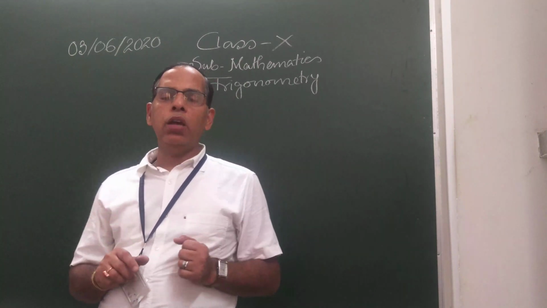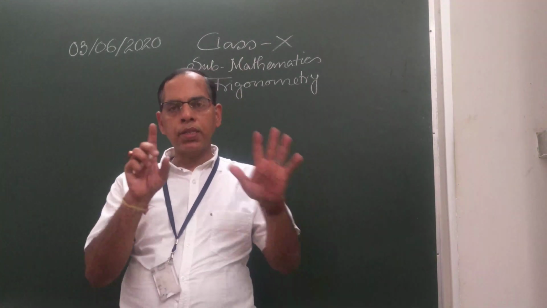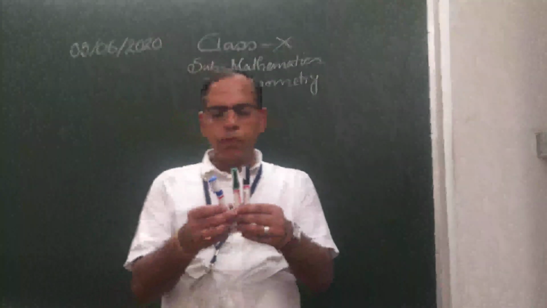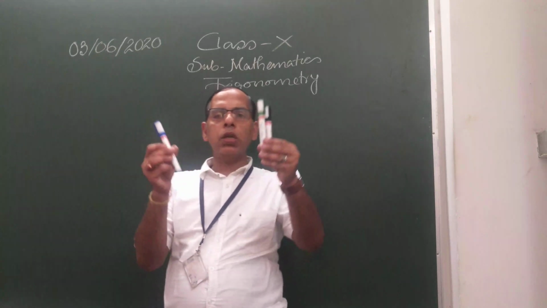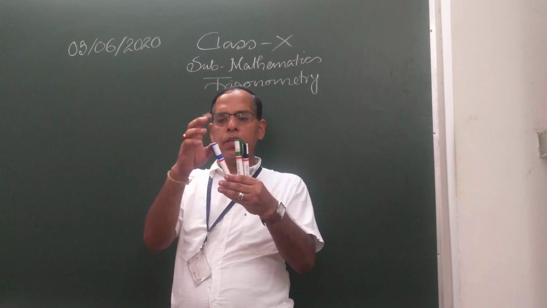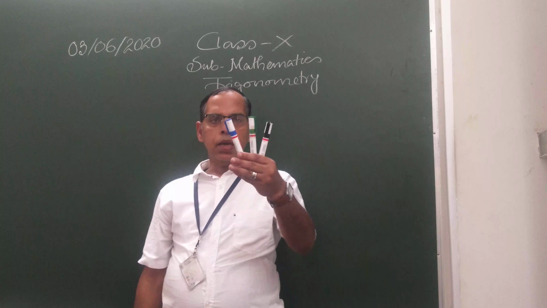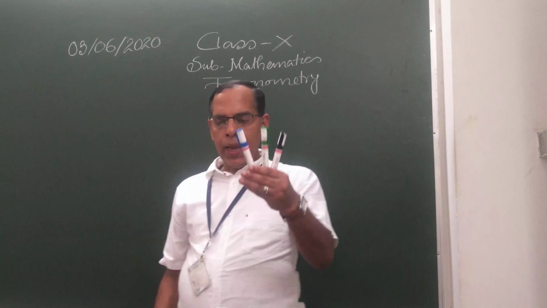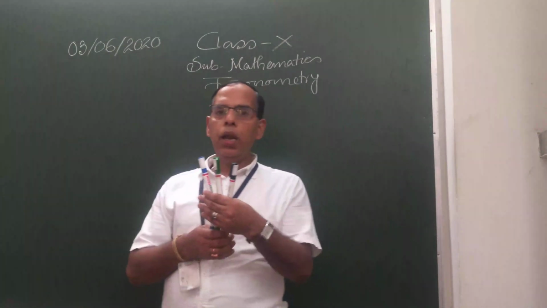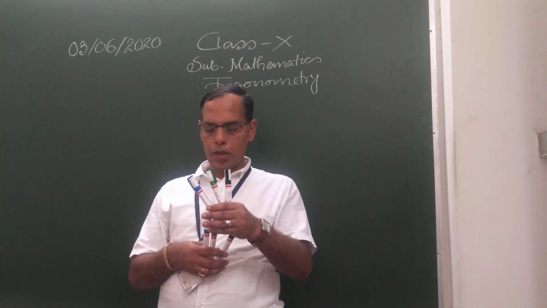Then after that we studied the 6 trigonometric ratios. Suppose this is sine, this is cos, and this is tan. These are the 3 trigonometric ratios, and the other three are related to these three as reciprocals.